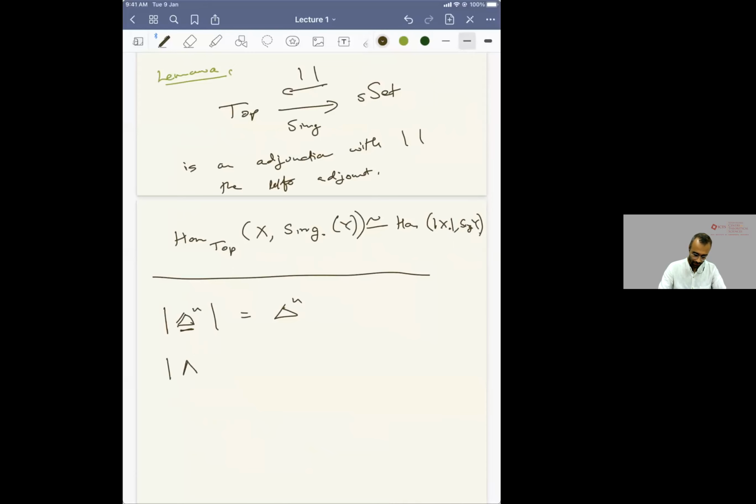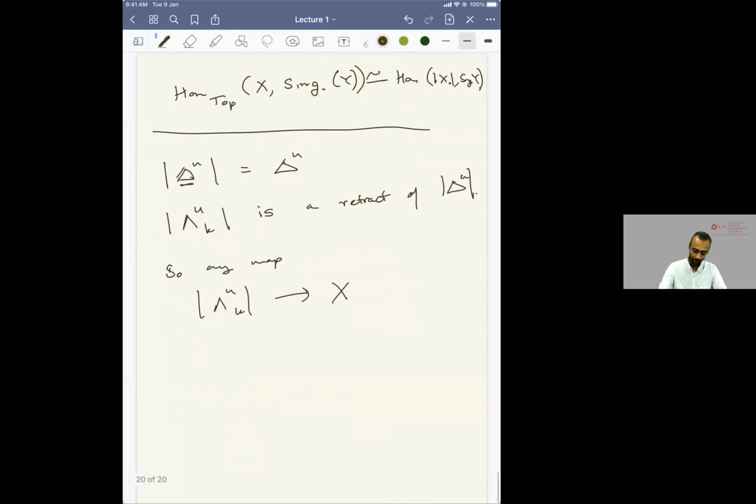So any map from the geometric realization of this horn into X, any topological space, can be extended to a map from the geometric realization of delta n, which is the geometric n-simplex, to X.